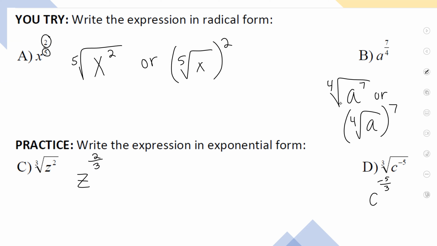Okay. You can also see it written like this, or 1/c⁵. Exponents become positive when you put them in the denominator. Okay. So it can be this or that.